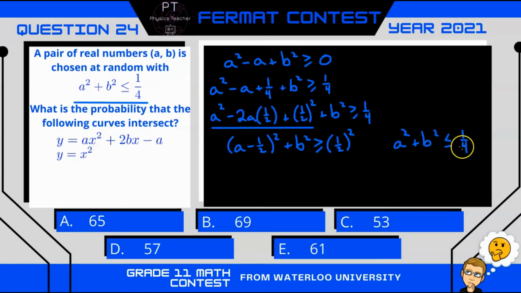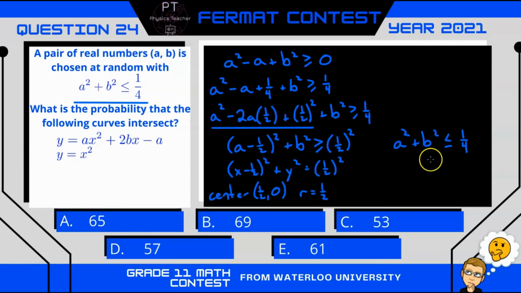Now if I were to write these as x's and y's instead of a's and b's, they describe circles. So let me write this as an equation, not an inequality. If I had (x minus a half) squared plus y squared is equal to 1/2 squared, this represents a circle with a center at the coordinate (1/2, 0) with a radius of 1/2.